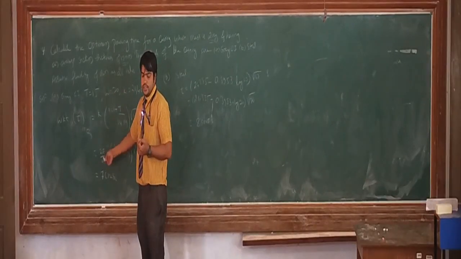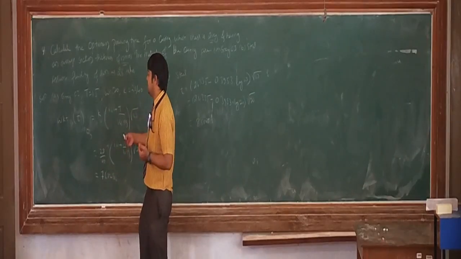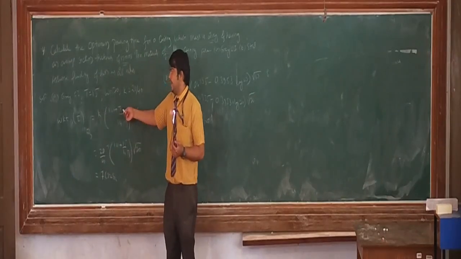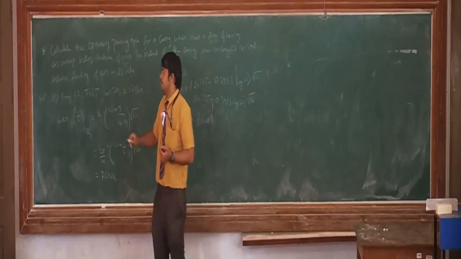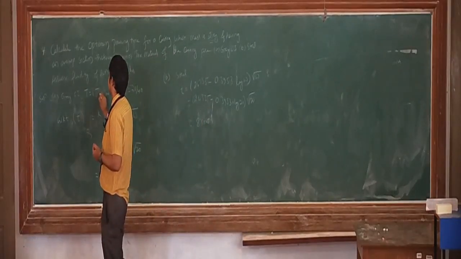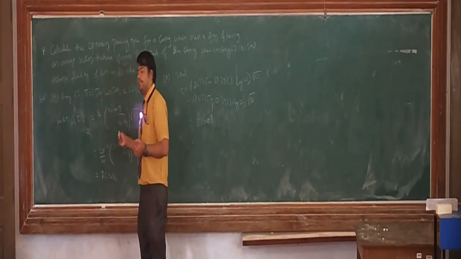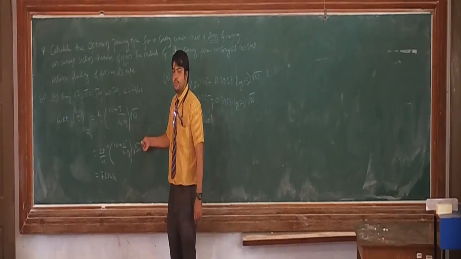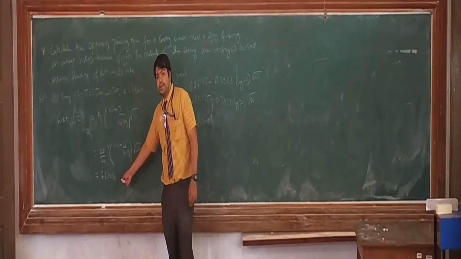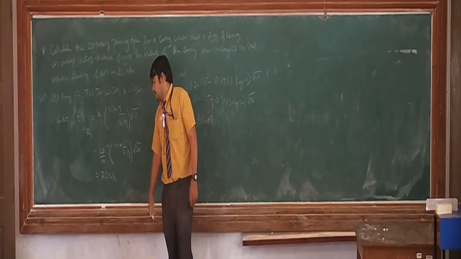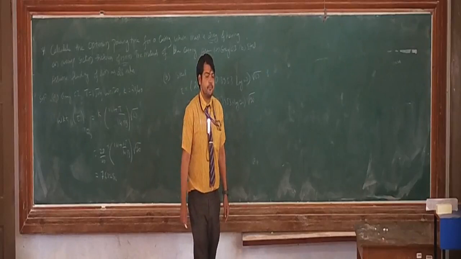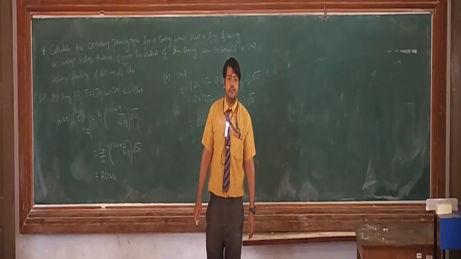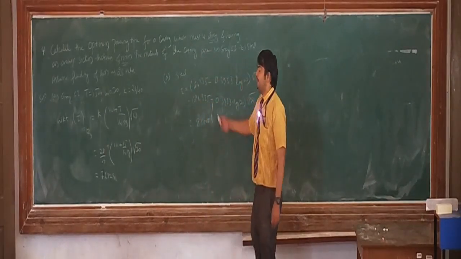Then 1.41 as it is, T average section thickness is given as 15 millimeters. So that we have substituted, divided by 14.59, and the whole thing is multiplied by square root of 20. That is what we are going to get as 7.632 seconds.